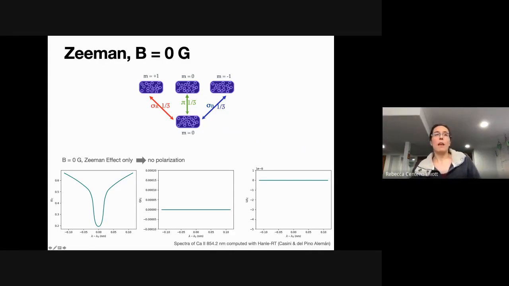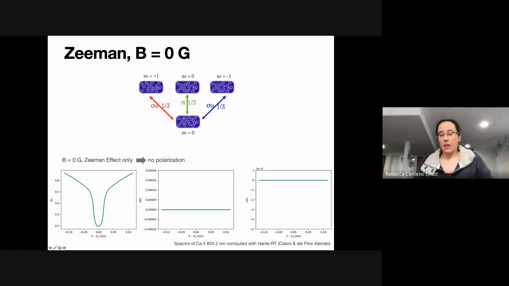At the bottom, I'm showing you the synthesis of a spectral line of calcium-2. This is the intensity as a function of wavelength, and then Stokes Q and Stokes U as a function of wavelength. And what I'm not showing here is Stokes V, which is irrelevant for what I'm going to be showing next. But in any case, Stokes Q, U, and V for the Zeeman effect with the magnetic field of 0 Gauss are exactly 0.